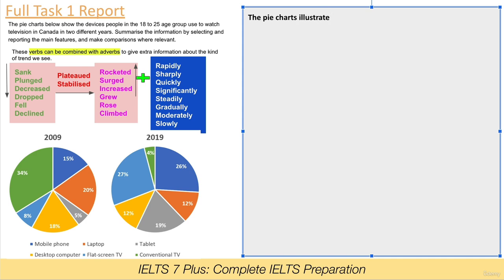The pie charts illustrate the usage of different ways in which individuals watch TV. We could say maybe media.